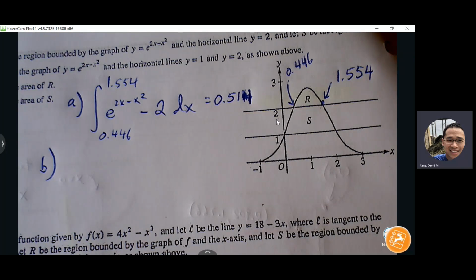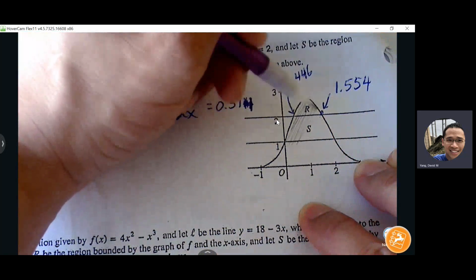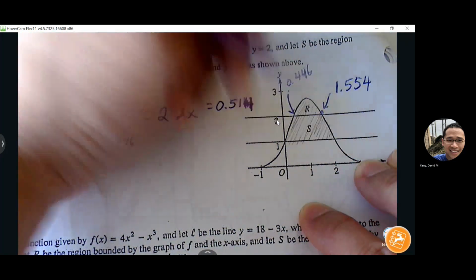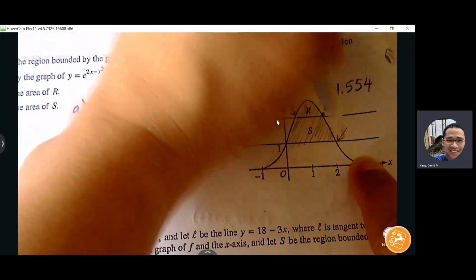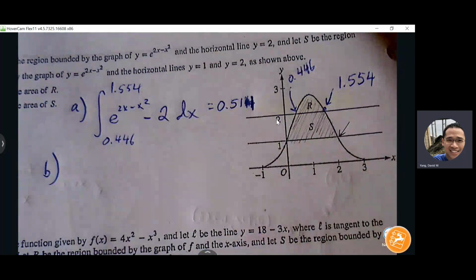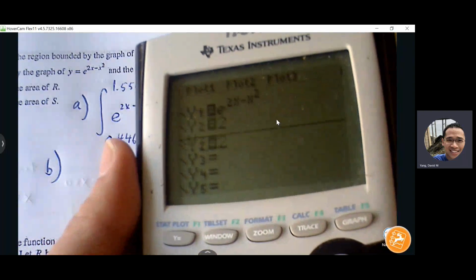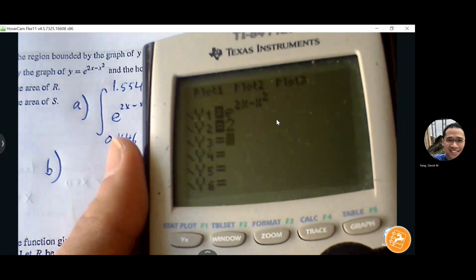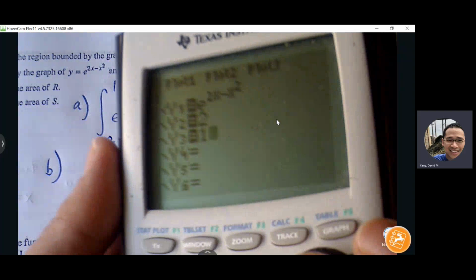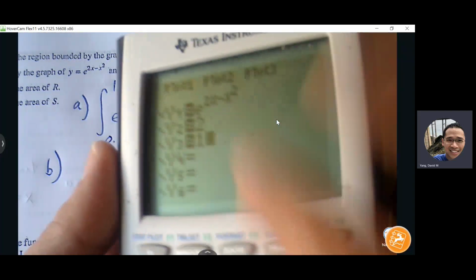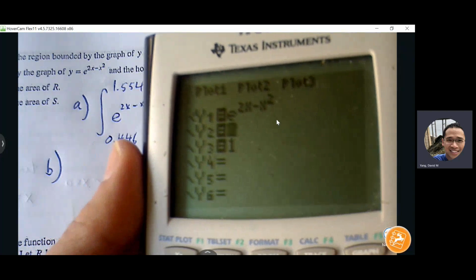Okay, so I'm going to focus on getting to the area of this entire region. Now we know one of the bounds is 0, so we just have to figure out the intersection between the curve and y equals 1. So I'm going to put in the third graph here, y equals 1. Oh, and if you don't want to see the y equals 2 graph, you can have it not show.